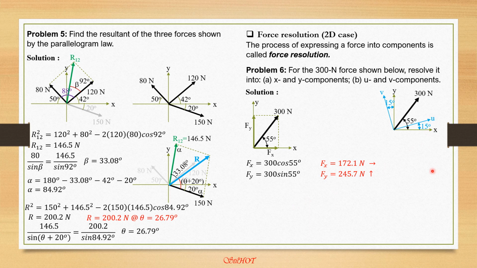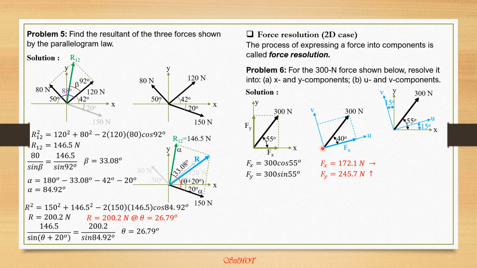Then with respect to the U and V axis, same principle. We draw lines parallel to the U and the V axis. So take note that this angle is 40 degrees because U and V axis are also perpendicular to each other. So the parallelogram reduces to a rectangle. So the measure of this angle that the 300 Newton force makes with the U axis is 40 degrees, and 40 degrees is 55 degrees minus 15 degrees from the figure.